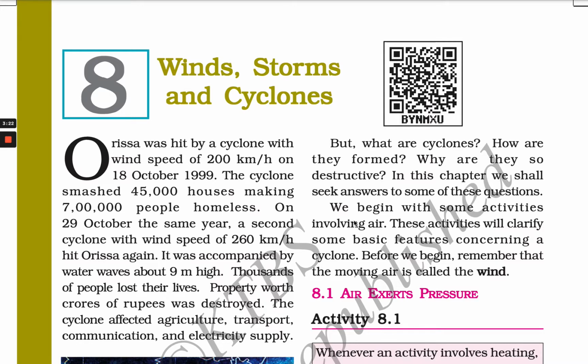So you need to know the characteristics of the movement of the air around us, how this air in the atmosphere can transform itself into wind, into storms and into cyclones. This is what we are going to study in detail in this chapter.